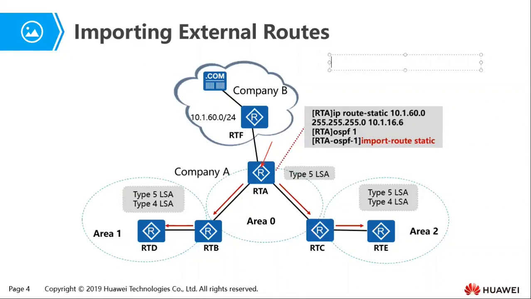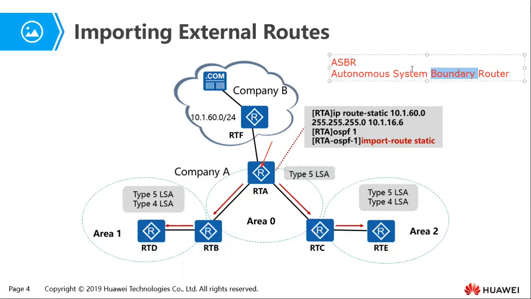That router is called an ASBR, meaning autonomous system boundary router. While an ABR is an area border router, in ASBR the B is for boundary.